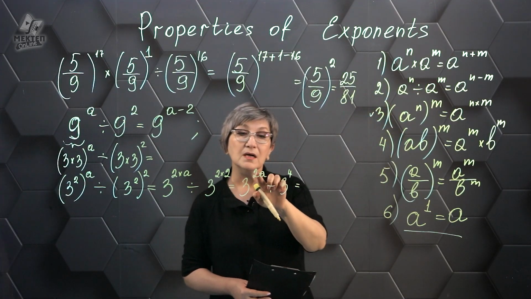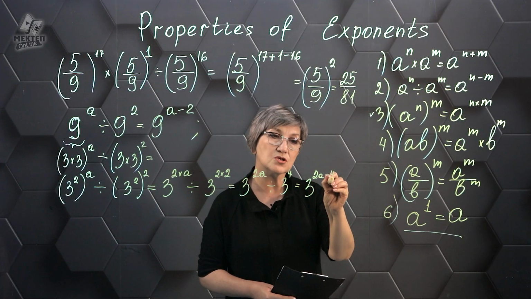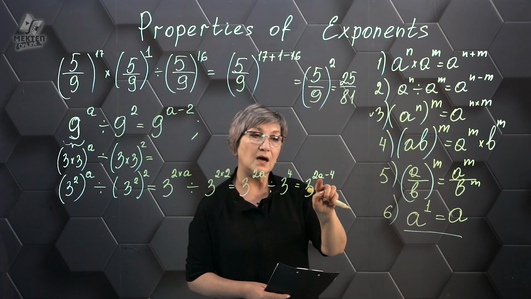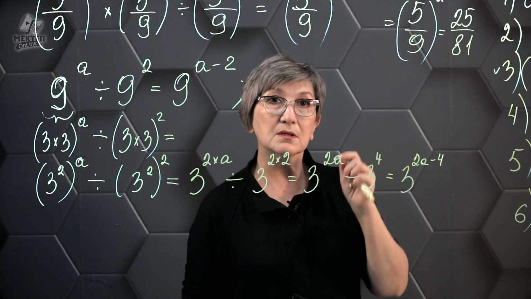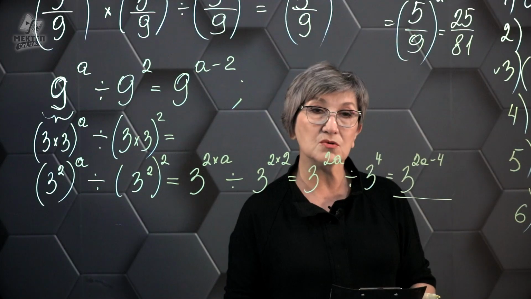And then using the second property, write it down as 3 to the power of 2a minus 4. That's the way it's going to stay. So the answer would be 3 to the degree of 2a minus 4.